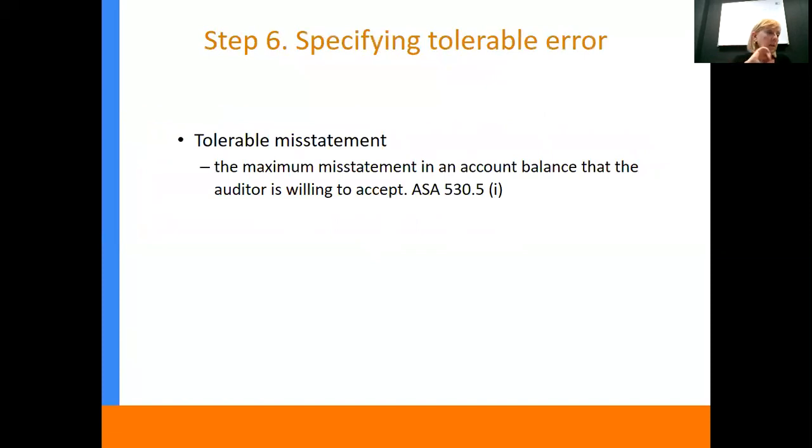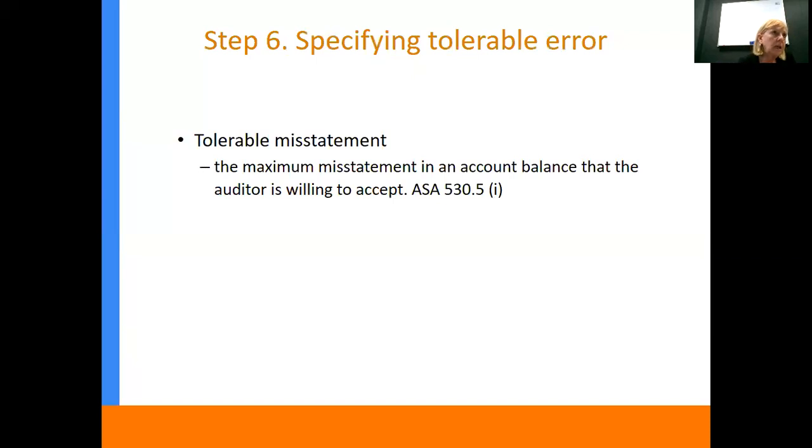We accept that things may not be exact, that there's judgment involved, that we're only interested in material misstatements. I don't care if the cash is misstated by 1%, even if the balance of cash is $1 trillion, 1% is not material, unless it's been stolen or there's some misappropriation there.